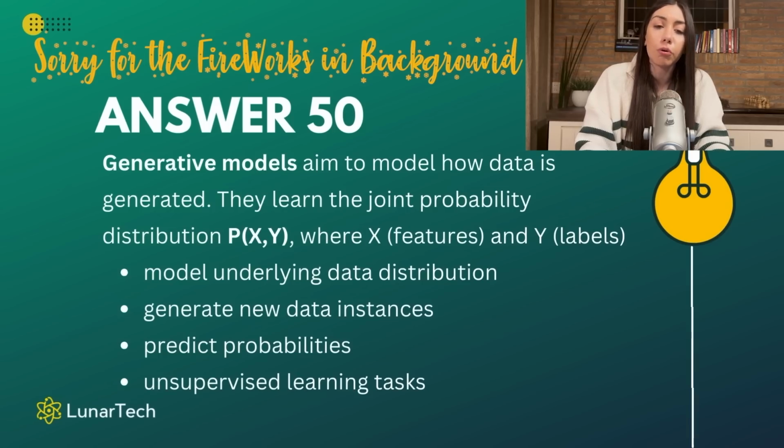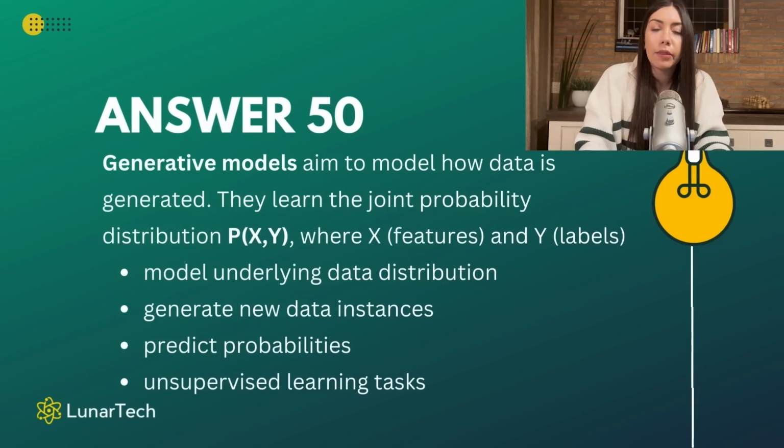So what generative models do is that they try to model the underlying data distribution. So they want to figure out how data was generated in the first place. And in this way, they can then generate new data instances. And they can also predict probabilities.